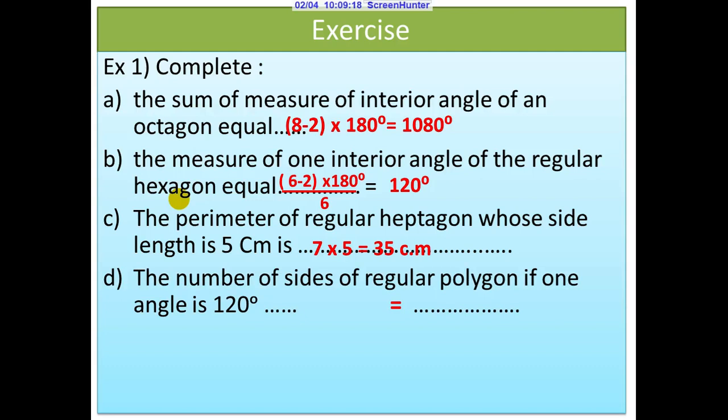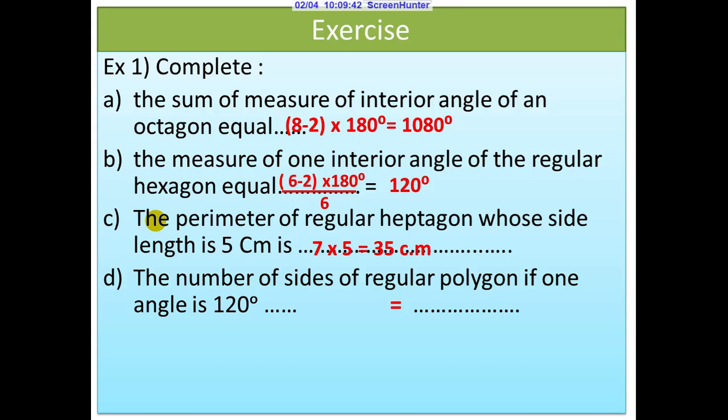Letter D, the number of sides of a regular polygon if one angle is 120 degree. Again, he asked me to find the number of sides of a regular polygon if one angle or measure of one interior angle equal 120 degree. What about the suitable rule here to find the number of sides of this regular polygon?